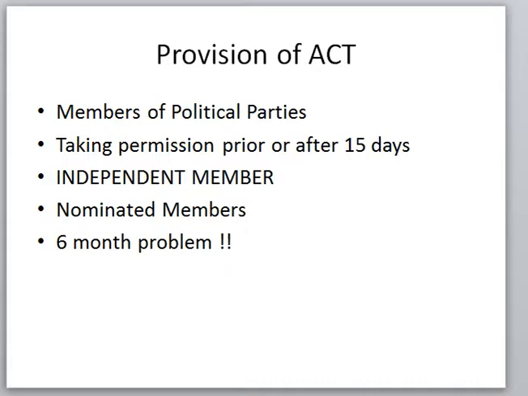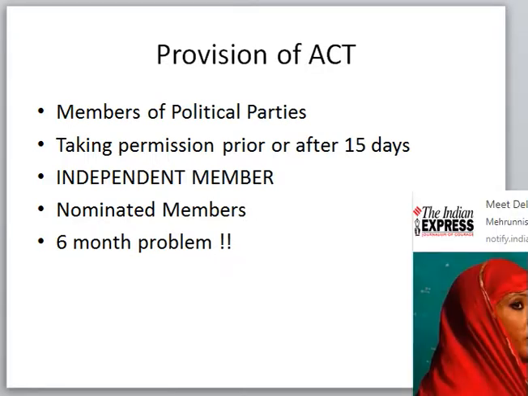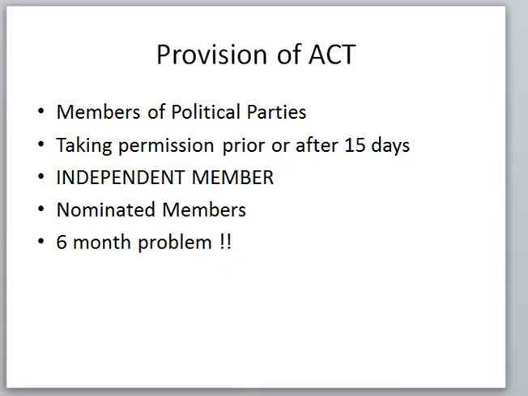Then what about the nominated member? Remember, the Rashtrapati appoints the nominated members in the Rajya Sabha as well as in the Lok Sabha. So what happens if a particular person joins a particular party? Say a person gets nominated by the president to the Rajya Sabha, and after getting nominated, he thinks he should join a party.